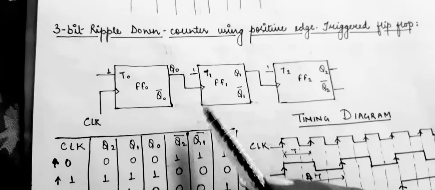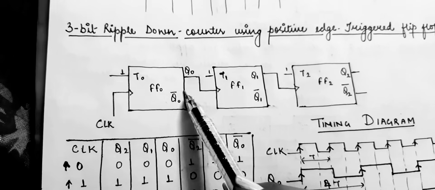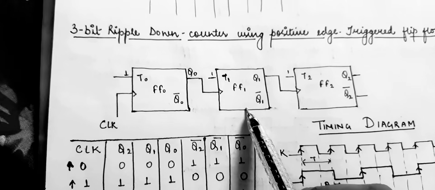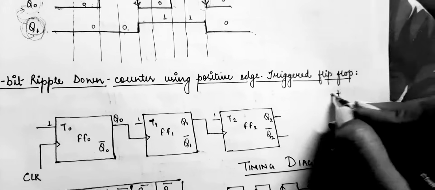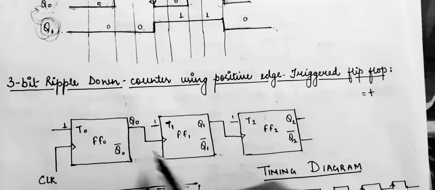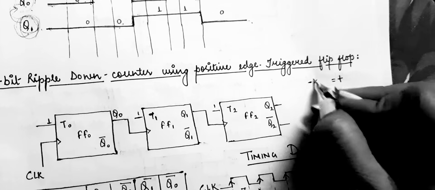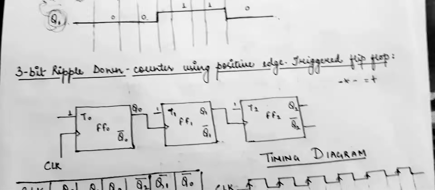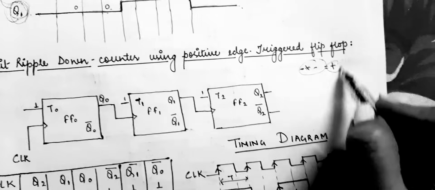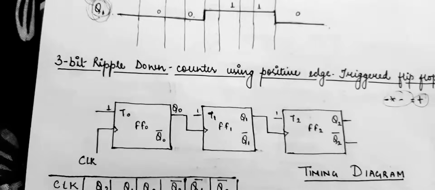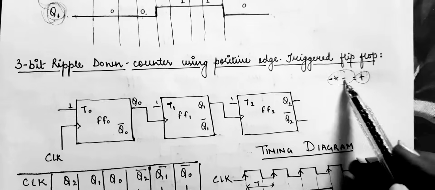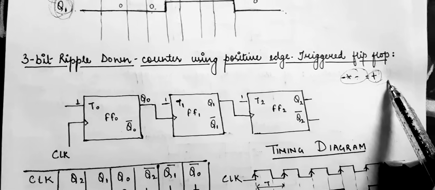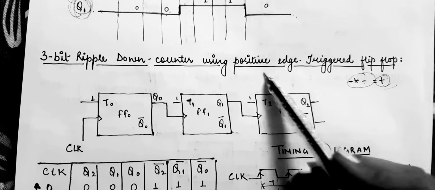Now we'll see how we connect our output Q0 to the second flip-flop. For that we want a positive edge triggered flip-flop. That means we have to use 2 negative edges to get a positive edge. Positive means if we multiply 2 negative terms, then only we'll get positive, and we want the positive flip-flop only.